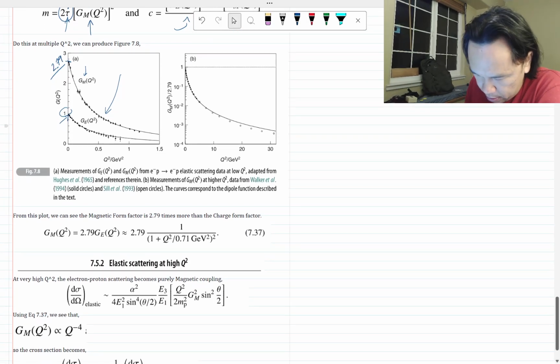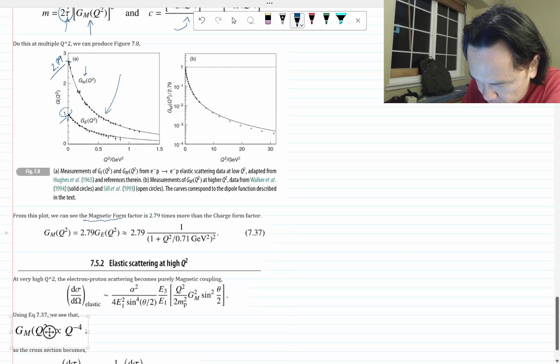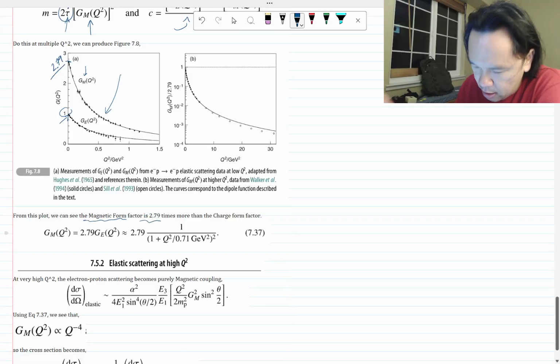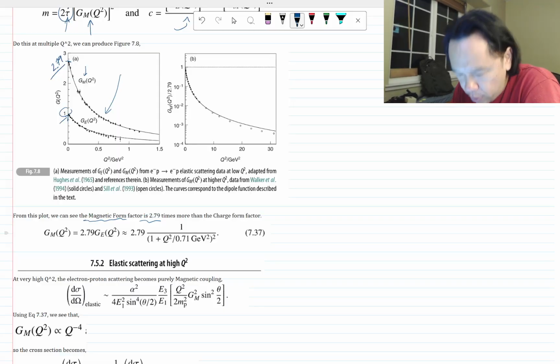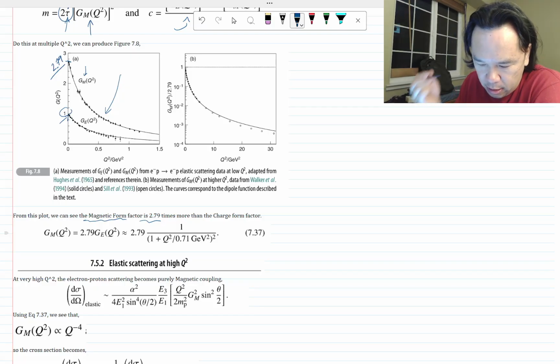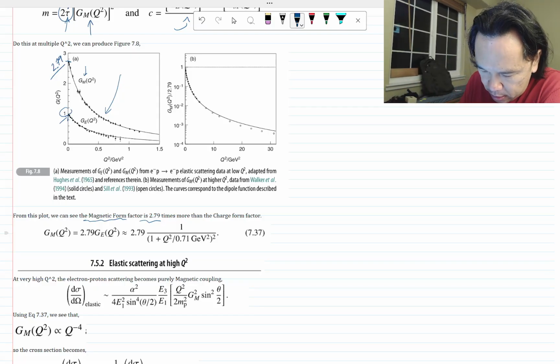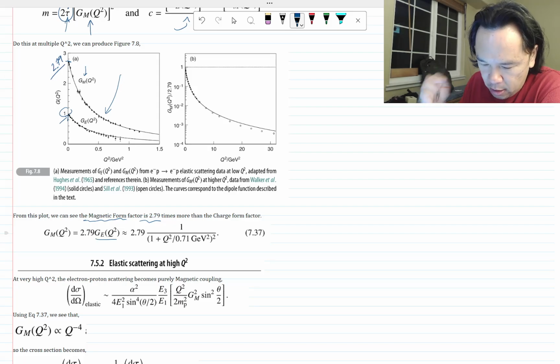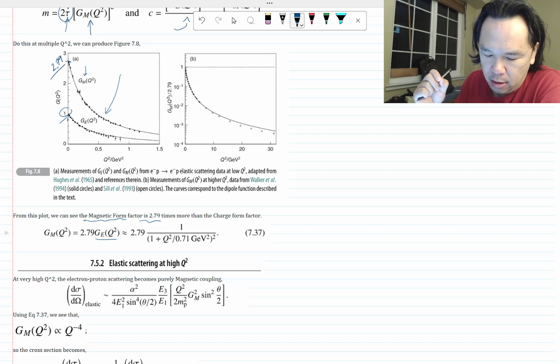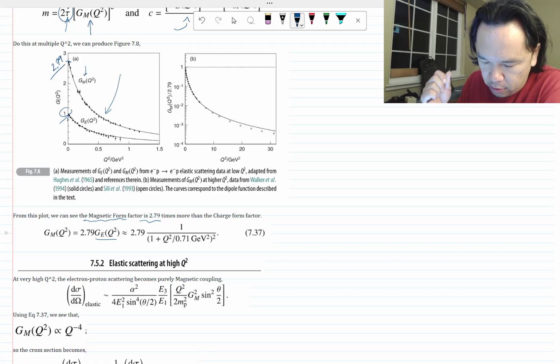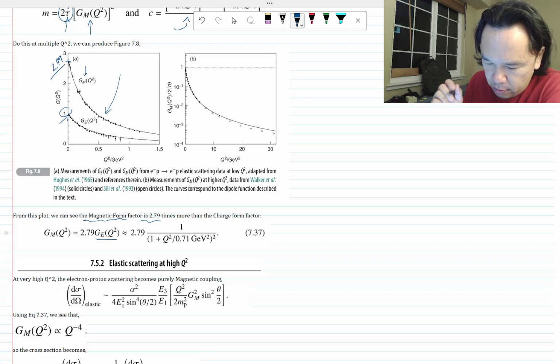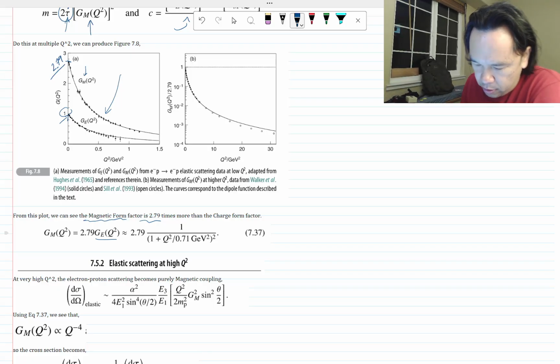So from this plot, you can actually see that the magnetic form factor is 2.7 times more than the charge form factor. Once we set the charge form factor to have a normalization, the magnetic form factor goes to 2.79 when Q squared goes to 0.